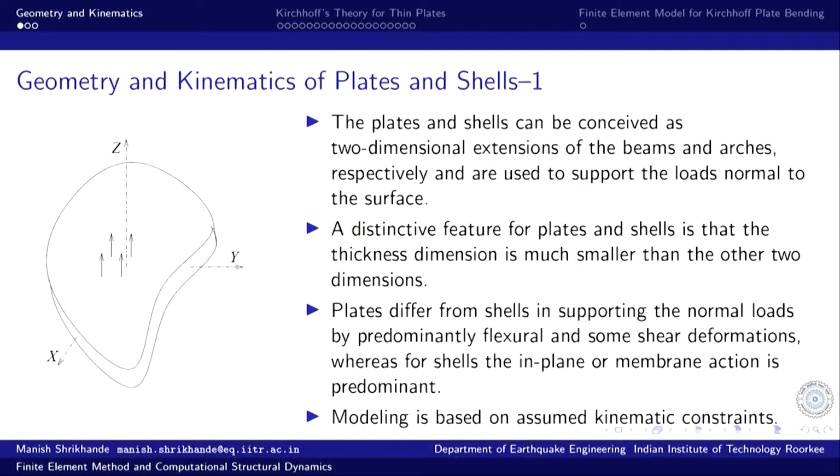And modeling is based on certain kinematic constraints. Just to make life simpler, because of this small dimension along the thickness direction, it is possible to make certain simplifying assumptions, and that allows us to develop simpler theories which will allow us to model this using a smaller number of variables.